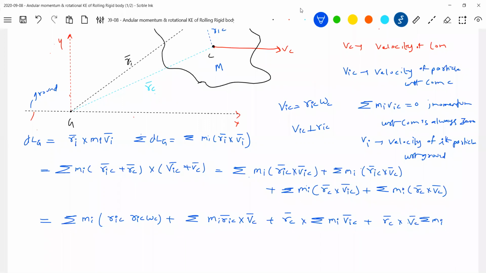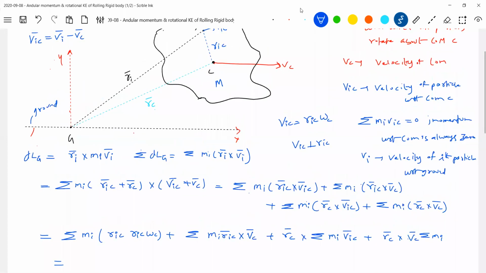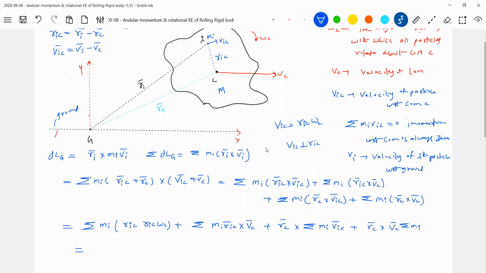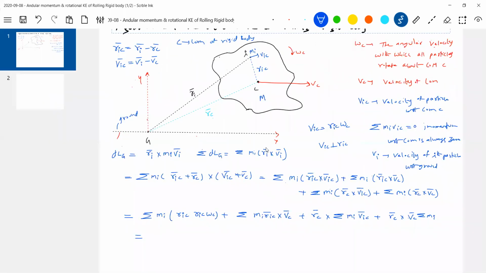This is mi RIC square omega c, and all particles will have the same angular velocity. Now I'm entering into the real part of the discussion. With respect to center of mass, all particles will have the same angular velocity. Like that, you take the ith particle, jth particle, kth particle, like m1 r1 square, m2 r2 square, m3 r3 square. Different particles will have different mass and different distance from the center of mass, but all particles will have the same angular velocity. So therefore, omega c will be constant, will be the same. I'll take it outside.